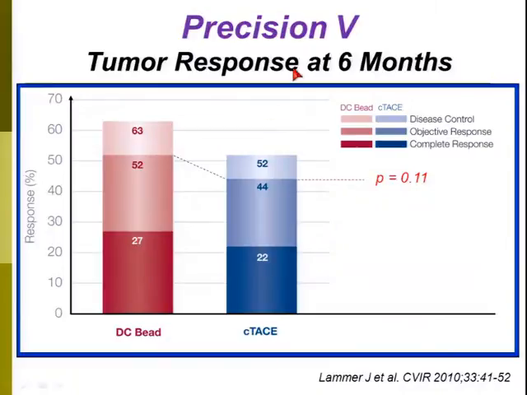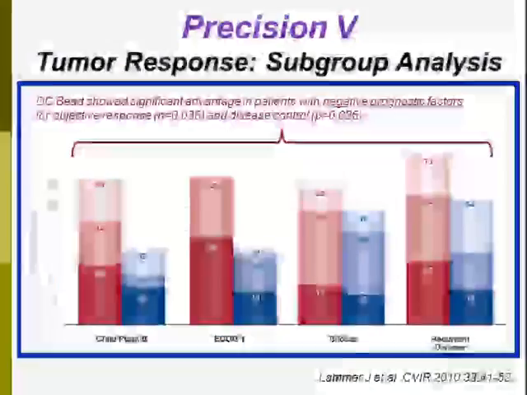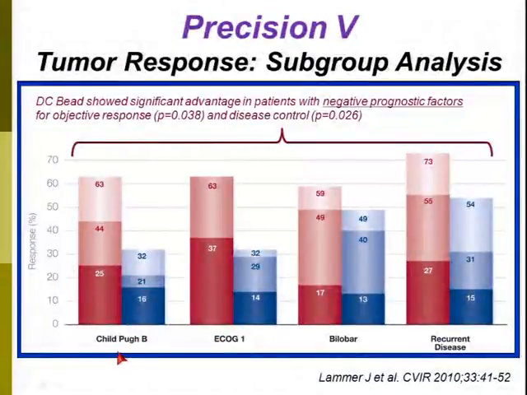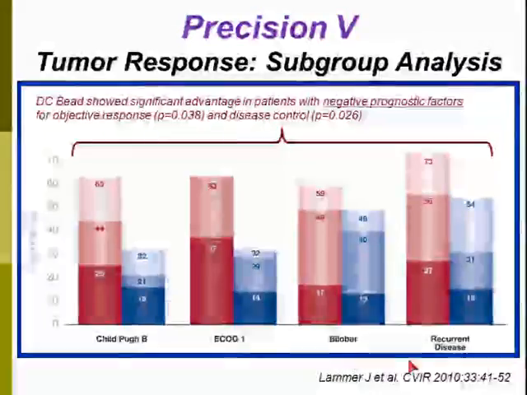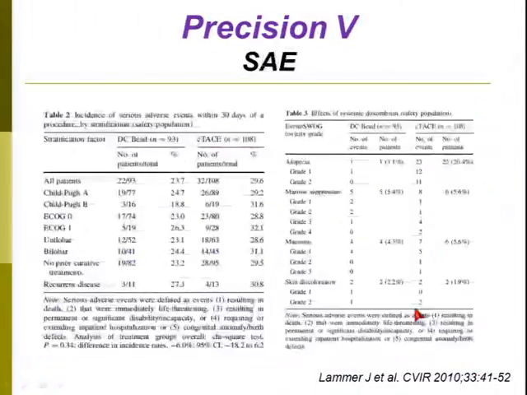In the PRECISION trial, they evaluated tumor response at 6 months. The objective tumor response was about 13% better in DEB-TACE, but statistical significance was not reached. However, in subgroup analysis, they demonstrated significant advantage of DEB-TACE in Child B, ECOG 1, bilobar disease, and recurrent disease.